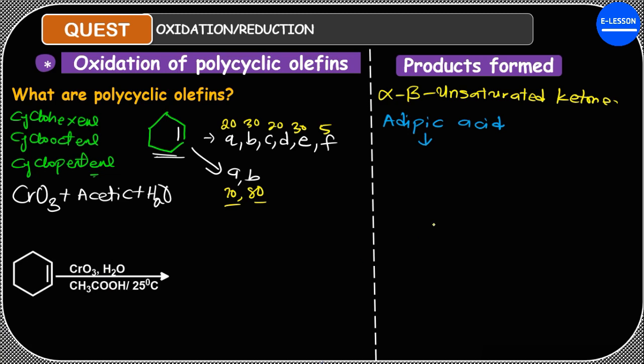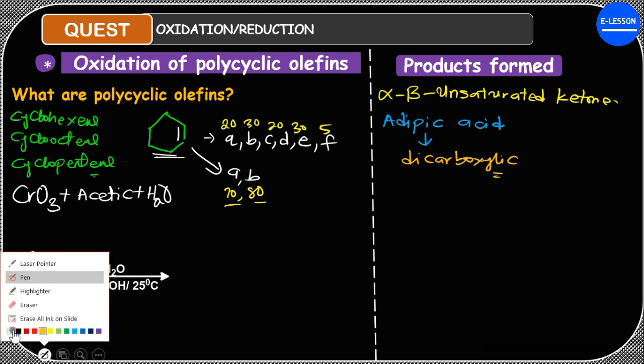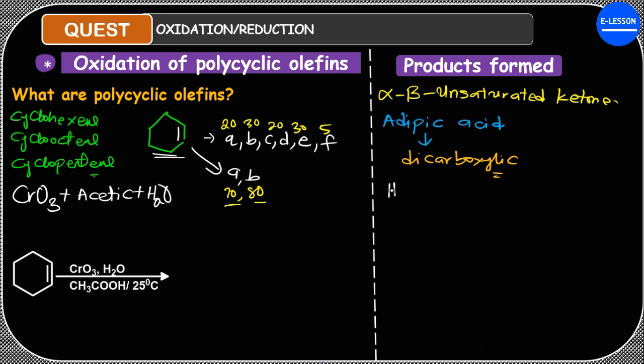When you say something is dicarboxylic, what does that mean? It means it has two carboxylic acid groups. Now, the general formula of adipic acid is something like this. You have HOOC, then (CH2)4, and then COOH. Are you getting it?